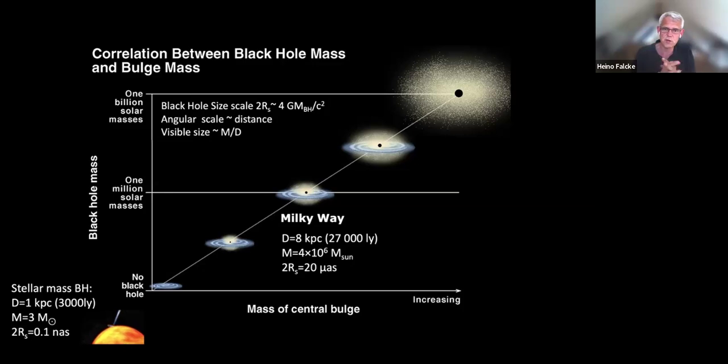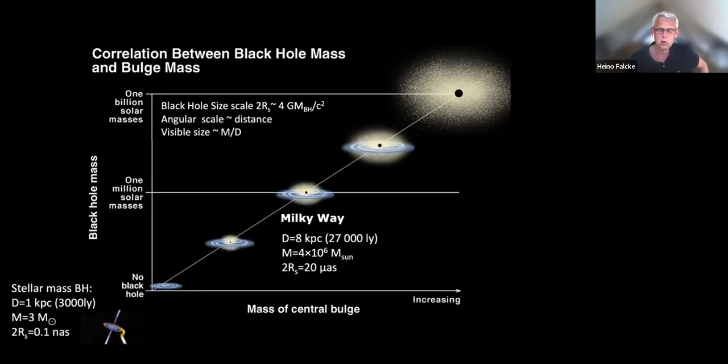Well, these are in the centers of clusters. Sometimes you have 1,000 galaxies orbiting each other, and then some of them actually merge, and they form a monster galaxy in the center of this cluster of galaxies. And it turns out the most massive or largest nearby cluster of galaxies is the Virgo cluster, and the central galaxy is the galaxy M87, the famous galaxy M87.